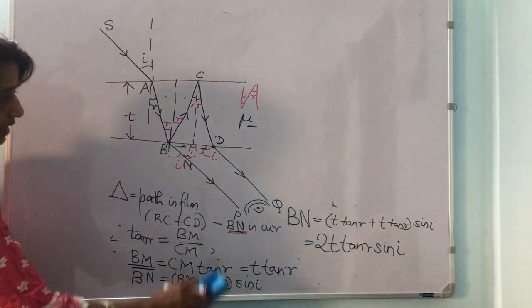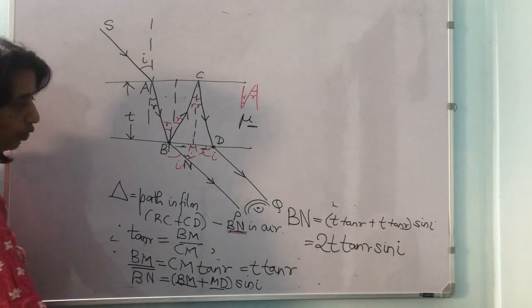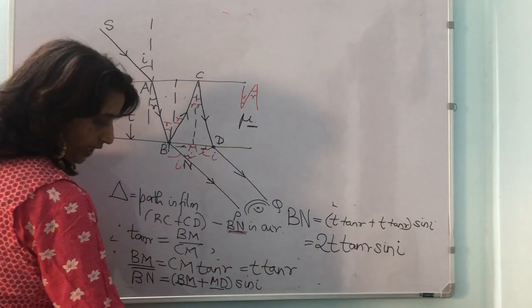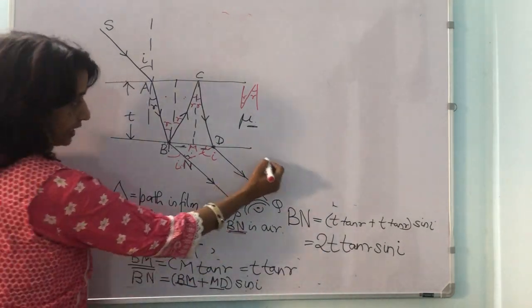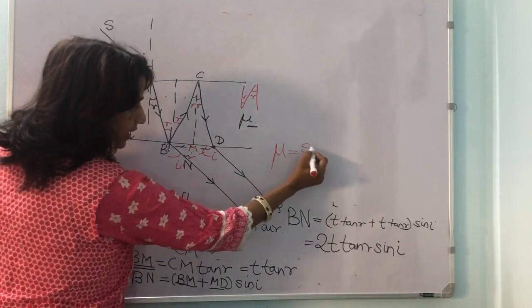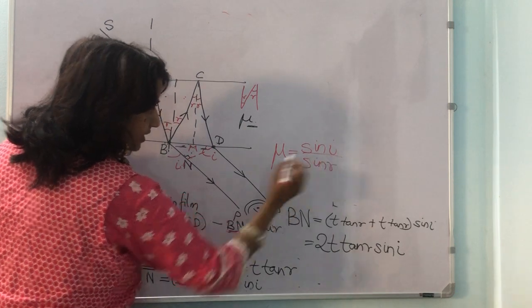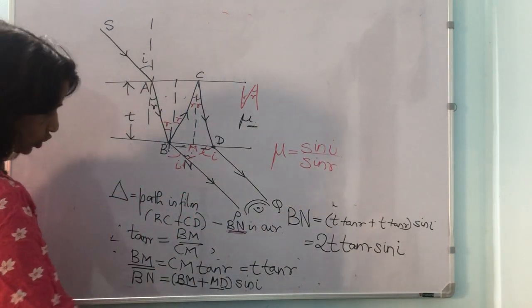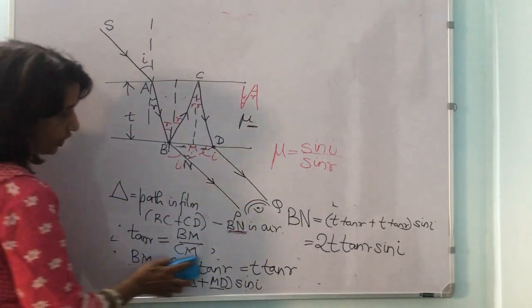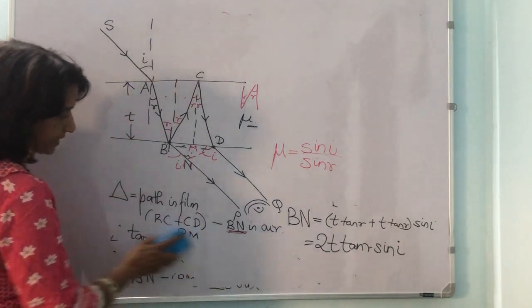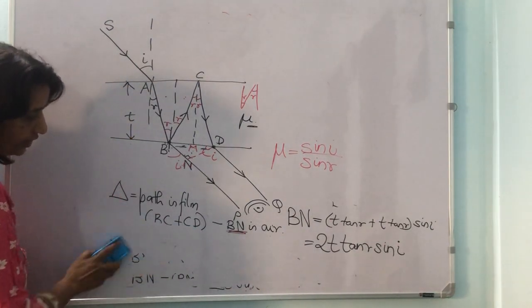Now from Snell's law, we know that mu is equal to sin I upon sin R. We put Snell's law in this expression and simplify it a bit further.